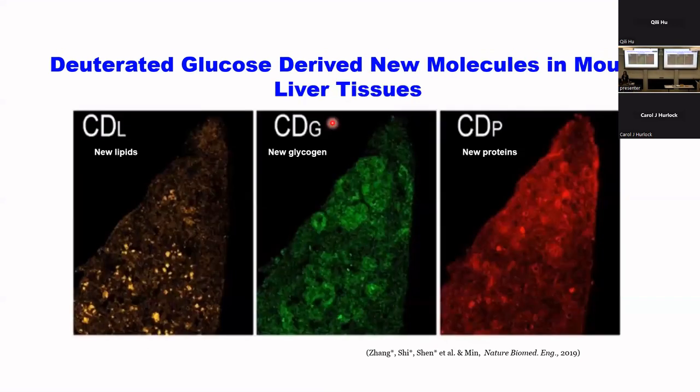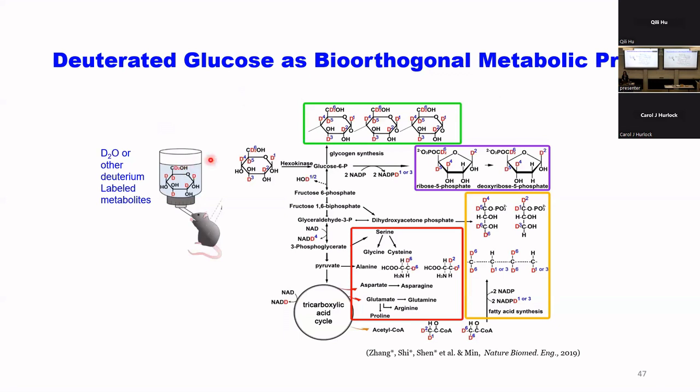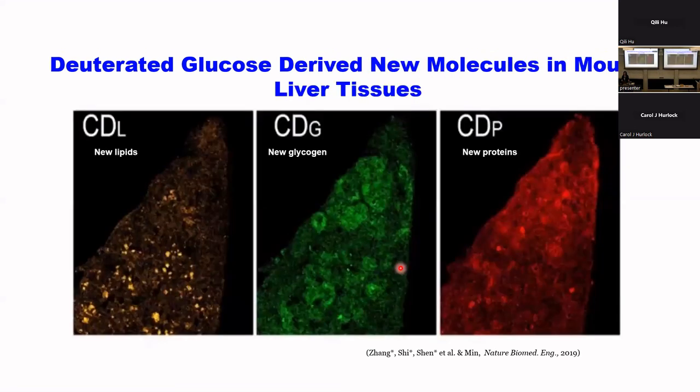So when a mouse or an animal, or a human being, drinks some glucose water, the glucose will be incorporated into different macromolecules: the top green box is glycogen, the purple box is DNA and RNA, the orange box is lipids, and the red box is protein. So different macromolecules derived from glucose can be imaged directly.